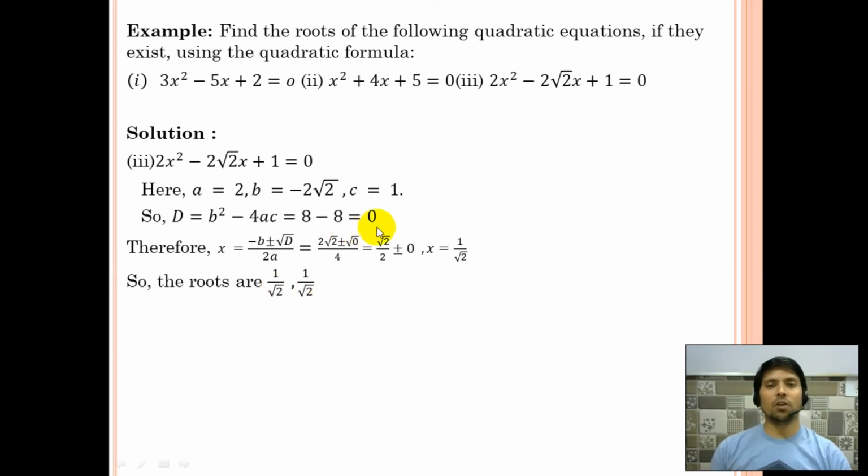From this we got an idea that when the value of D is equal to 0, it has two real and equal roots.